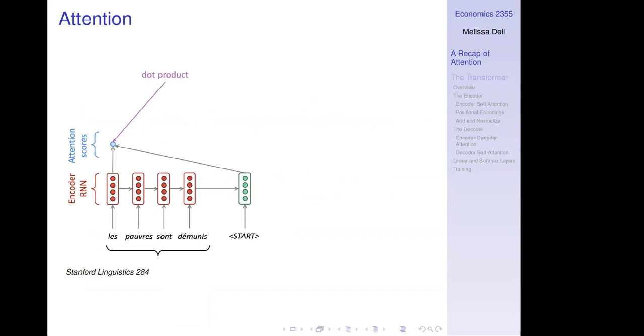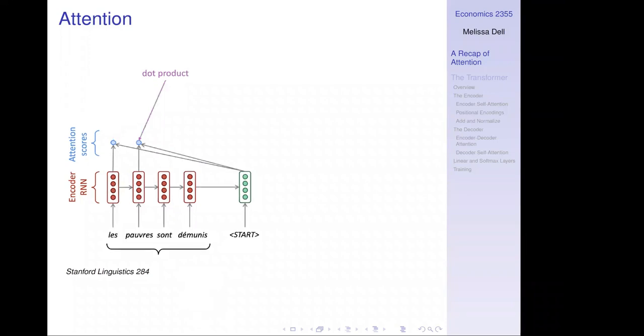And so in the first incarnation of attention that we saw last class, just to recap, starting with the first hidden state of the decoder, it gets passed a start token, which tells us to start translating the sentence. And we take the dot product between the first encoder hidden state and that decoder hidden state. And that gives us a number, which is called the attention score.